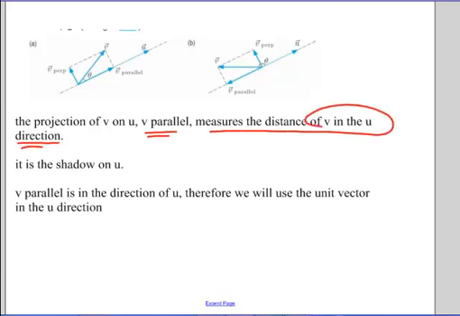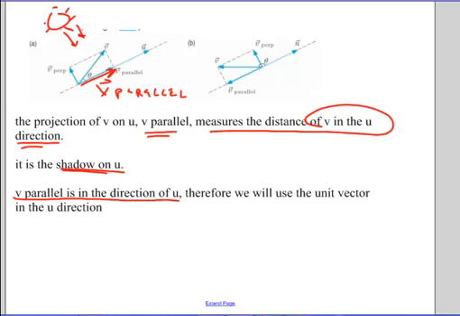And another word instead of projection, we say it's the shadow on u. If we think about some light up here shining down on v, that is v parallel, which is the shadow of v onto u. So v parallel is in the direction of u.